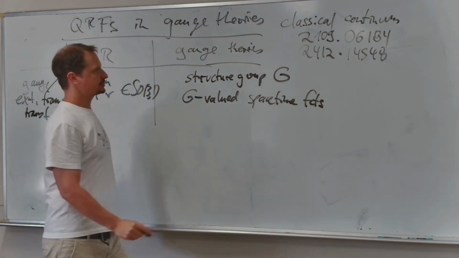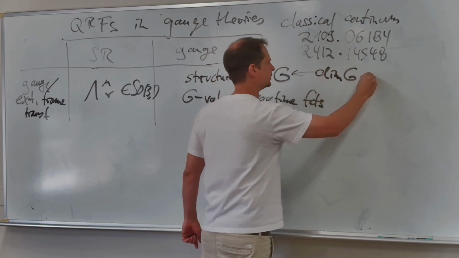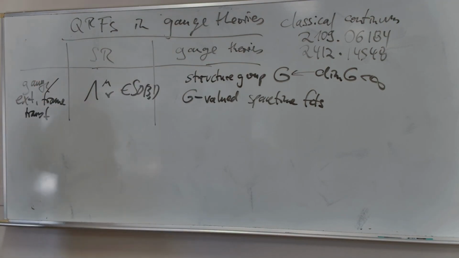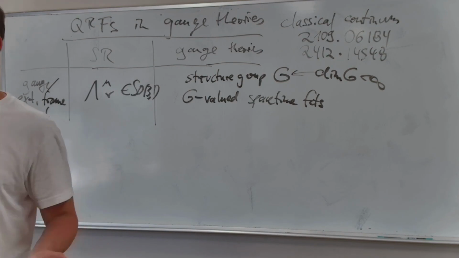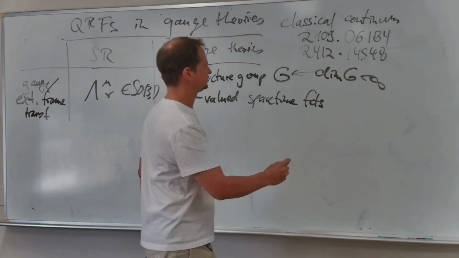So the structure group is of course a finite dimensional group. And when you take suitable G-valued spacetime functions, it means you have a structure group at each point in spacetime. So very clearly, that's an infinite dimensional object.